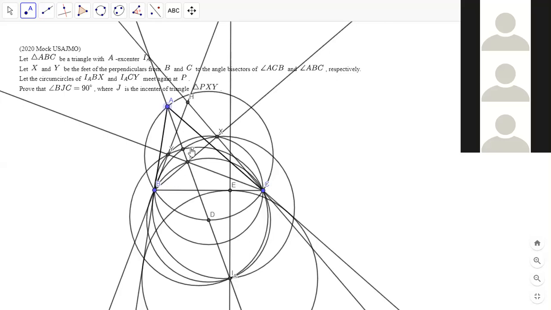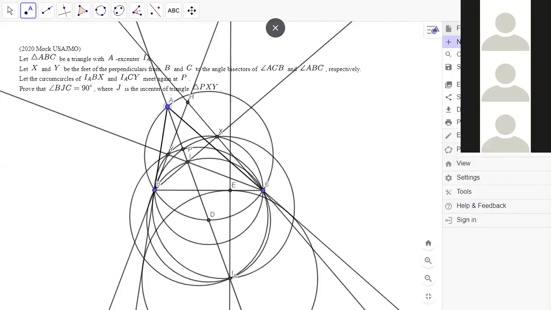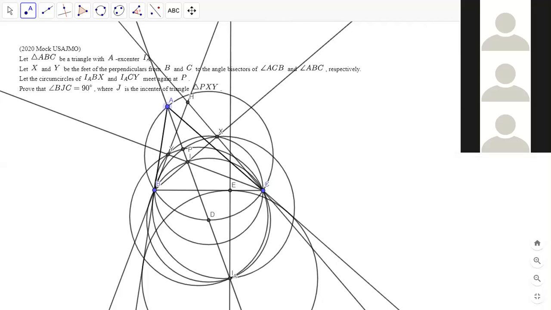So we want to show BJC. You guys kind of see why I think I might have messed up. So is the incenter triangle center 1?